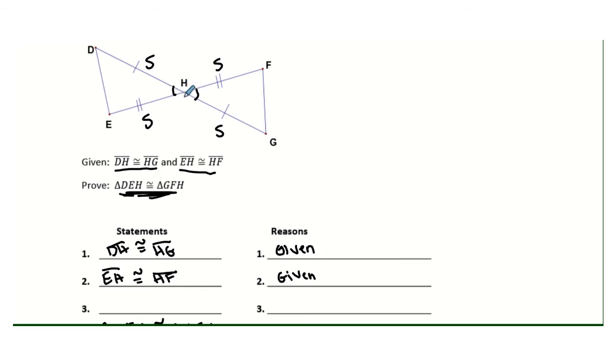So I know that angle DHE is congruent to angle GHF because of the vertical angle theorem. So let's write that down. Angle DHE is congruent to angle GHF by vertical angles.